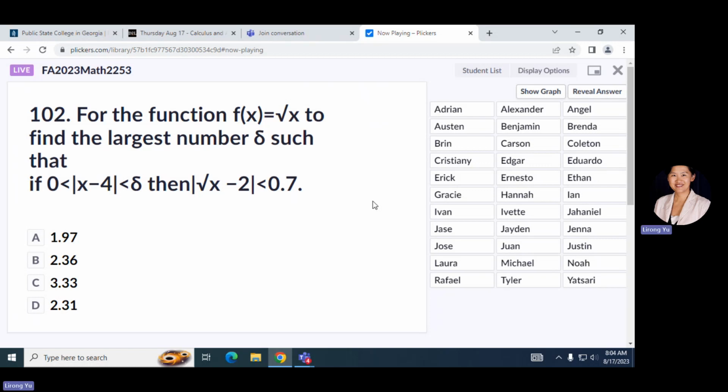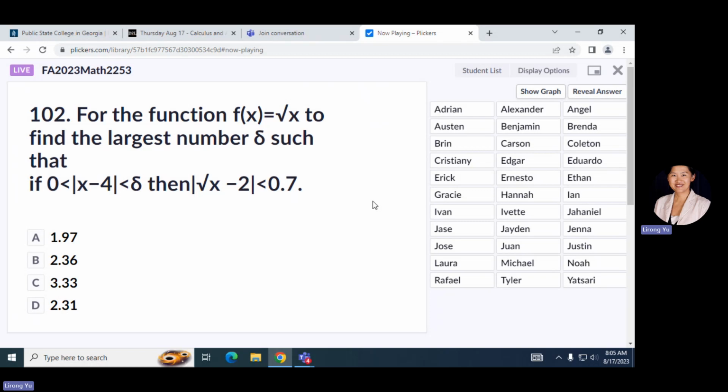We will be able to search that for any x value, whenever x minus 4, since we are trying to get x close to 4, is smaller than delta. So delta is a small number. We're forcing x and 4 to be really close.